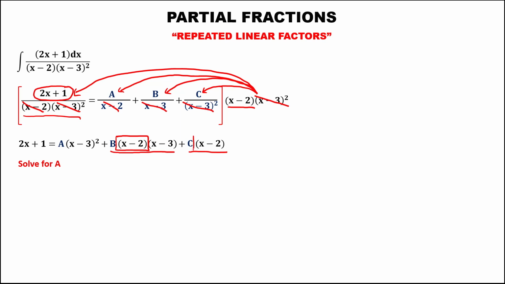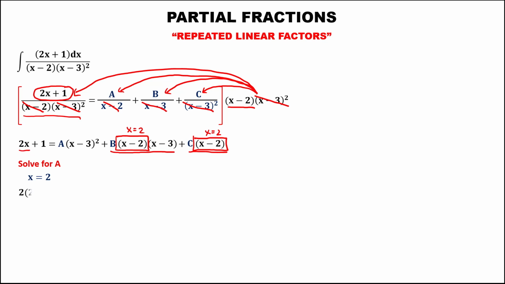Therefore, to make B equal to 0 and C equal to 0, we let x equals positive 2. So to solve for A, we let x equals positive 2, then substitute to this equation.